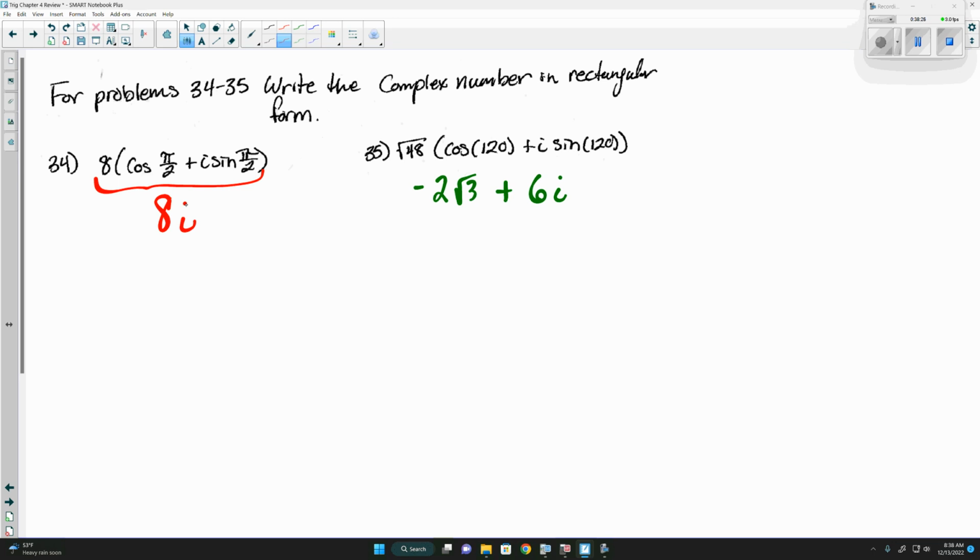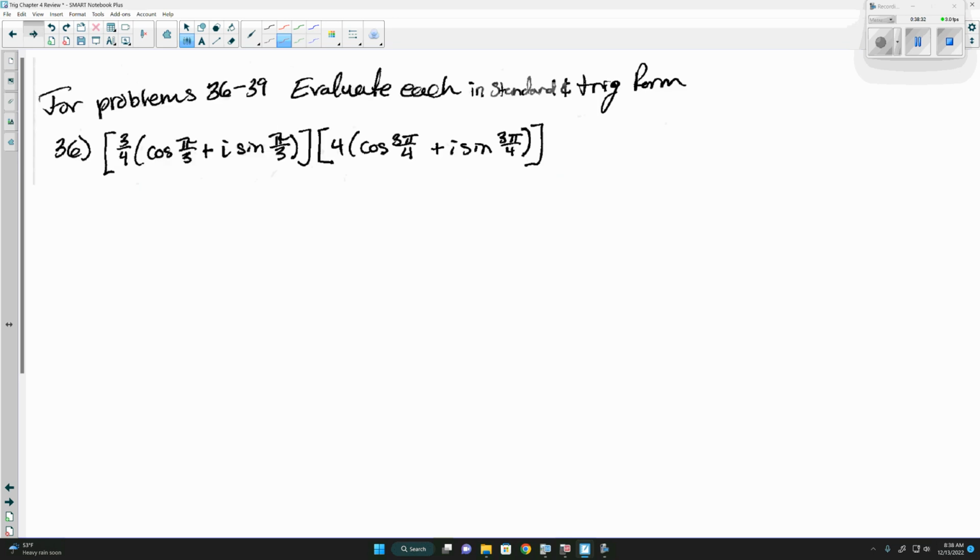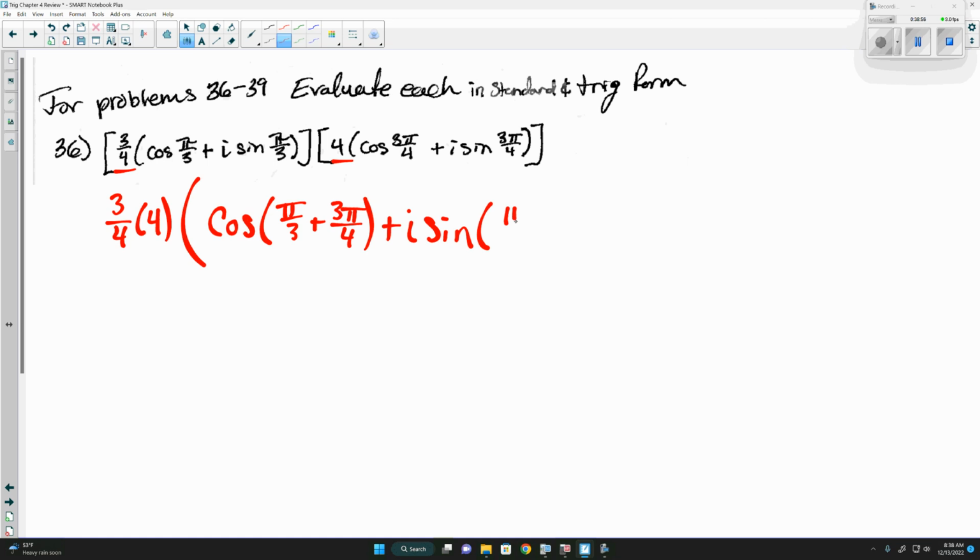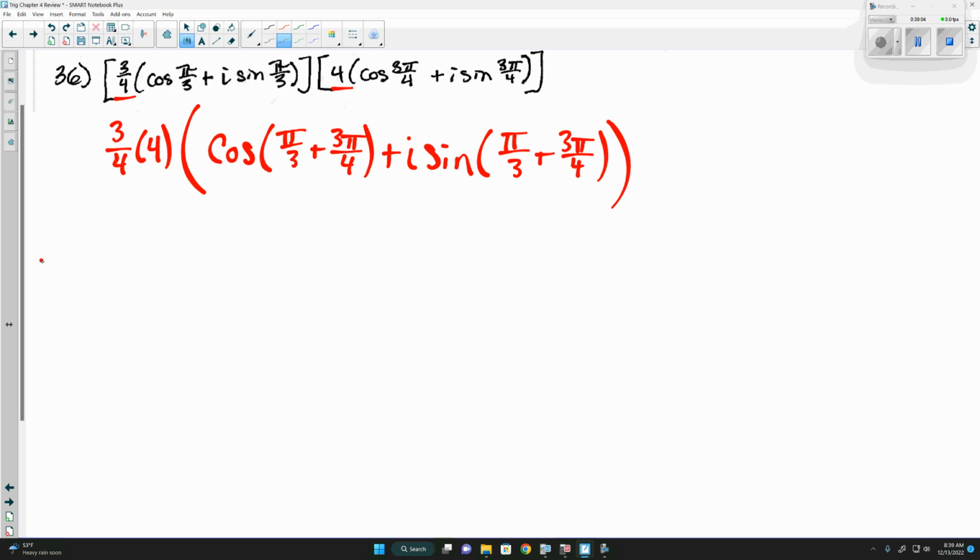We kind of remember these. They were nice. Now 36, 37, 38, and 39. 36 and 37 is multiplication. And if we remember the formula for multiplying, we multiply the r values together and then add the angles. Now, I'm not looking for decimal answers.